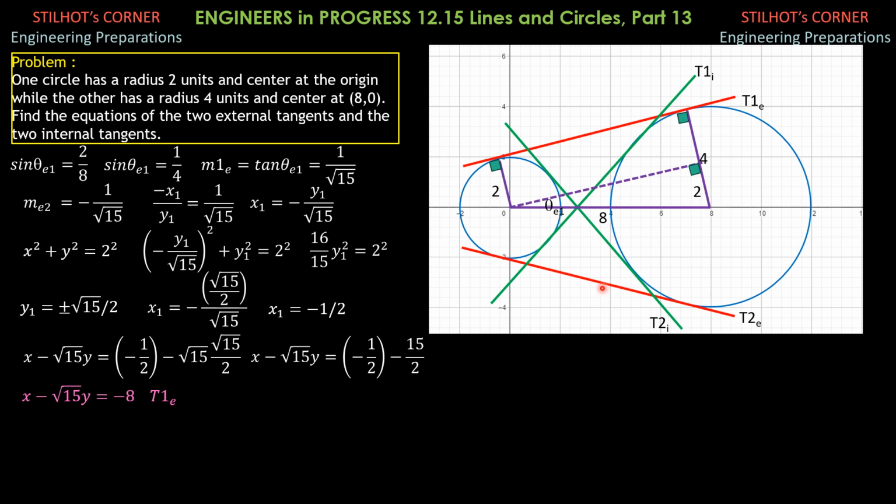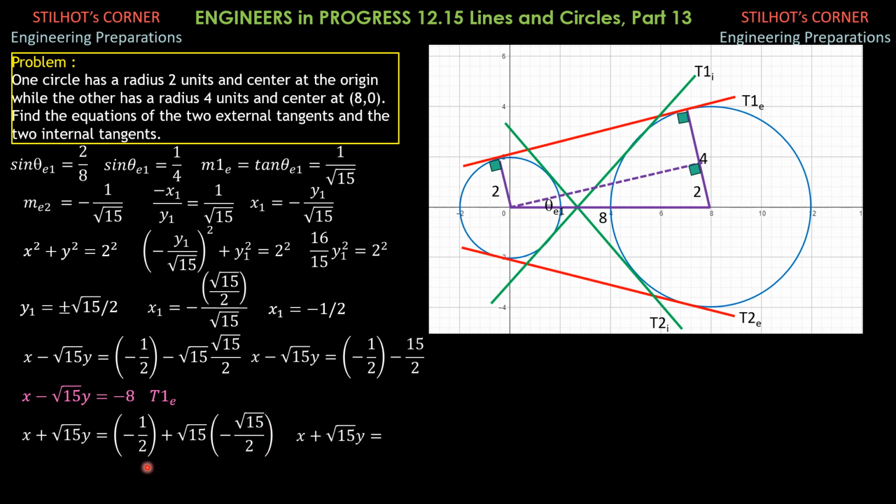For external tangent 2, the expected equation, because the slope is equal to this, is x plus square root of 15 y equals x1, negative 1/2, plus square root of 15 times y1, which is negative square root of 15 over 2 this time, because this is the other point of tangency, x2, y2. x2 is still equal to x1, which is negative 1/2, but y2 is this time negative, negative square root of 15 over 2.